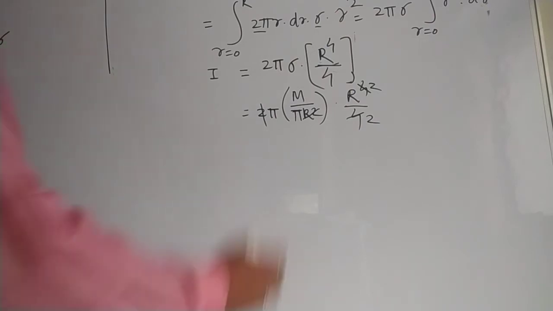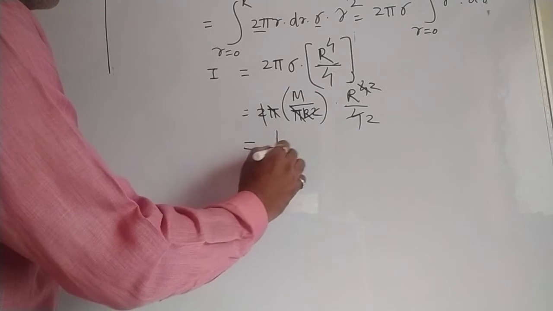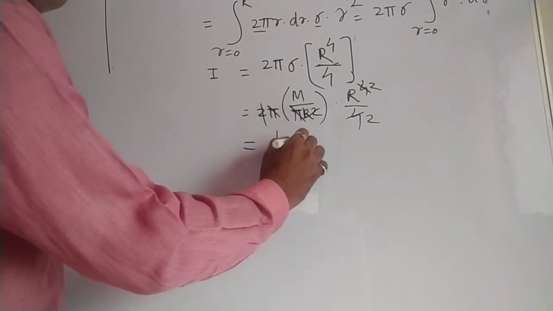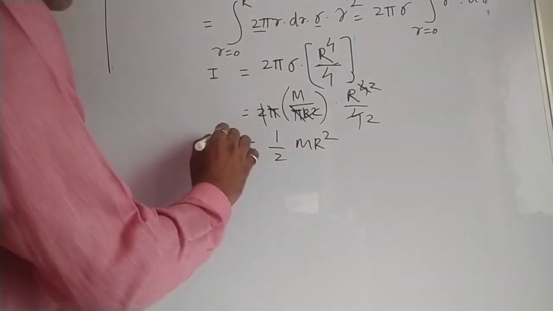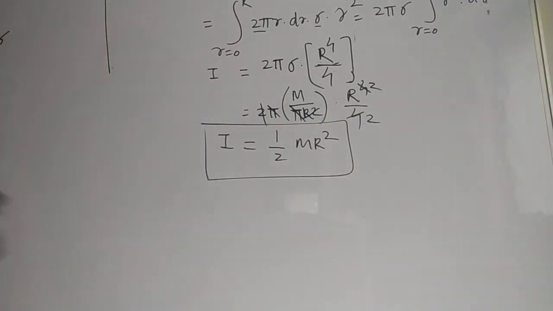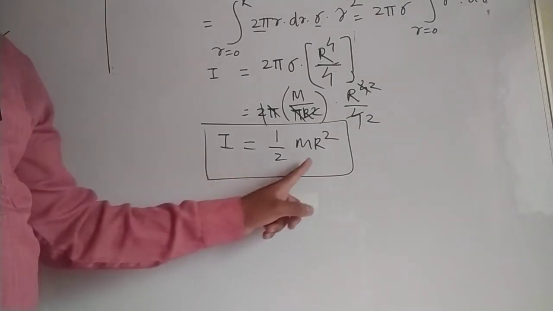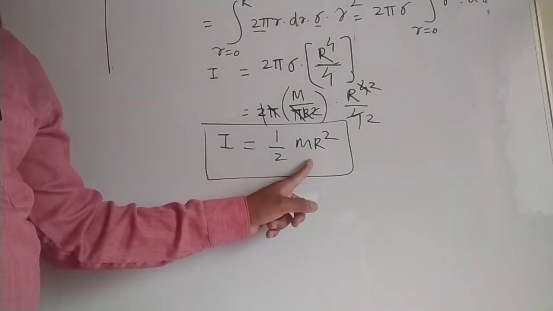This pi gets cancelled with this pi. What is remaining? 1 by 2. M into r square. So I equals 1 by 2 M r square. That is the moment of inertia of a disk.